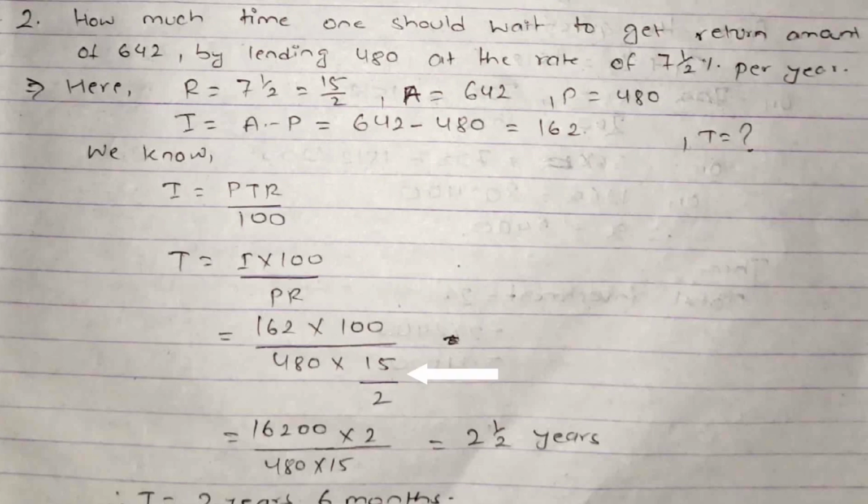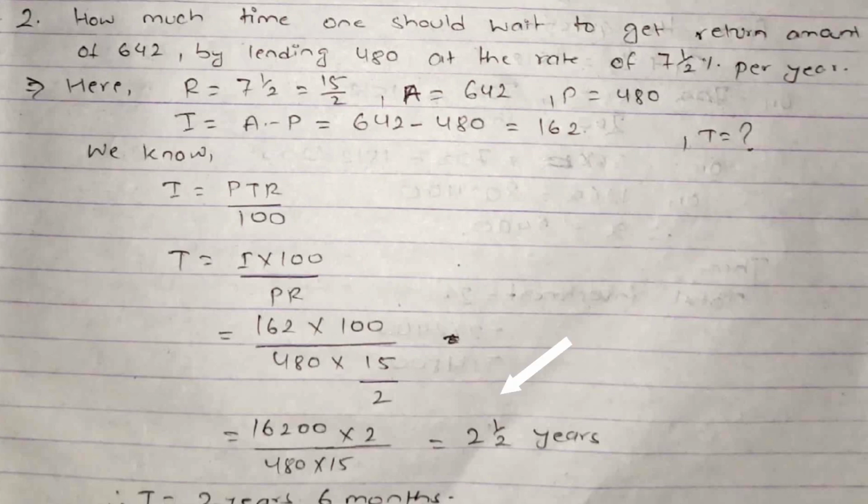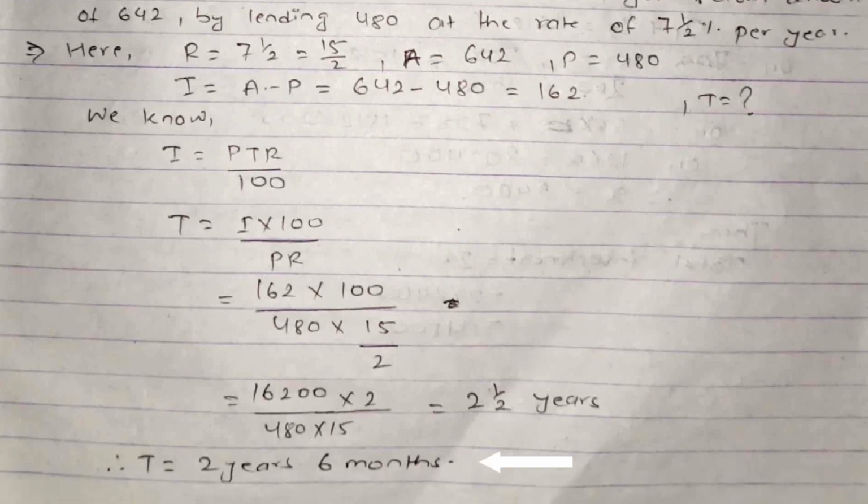The 2 from 15 divided by 2 comes upward, so we divide by 480 times 15. By pressing the calculator, we get our time to be 2 whole 1 by 2 years. So our time is 2 years and 6 months. 1 by 2 is equal to 0.5, so in terms of year, it is 6 months. So our total answer is 2 years and 6 months.